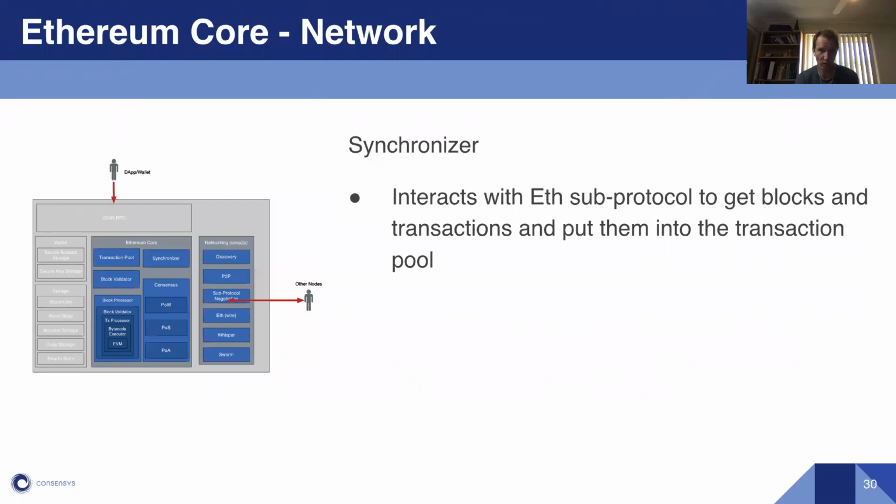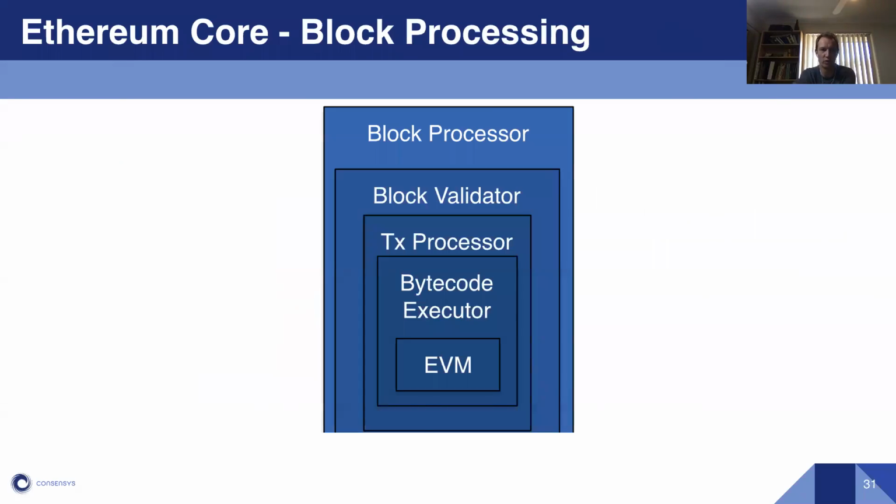Blocks can come in across the ETH subprotocol and then need to get passed through to the synchronizer. The synchronizer will then be responsible for putting them into the transaction pool. From the transaction pool, the transactions would then go through the block processing system.